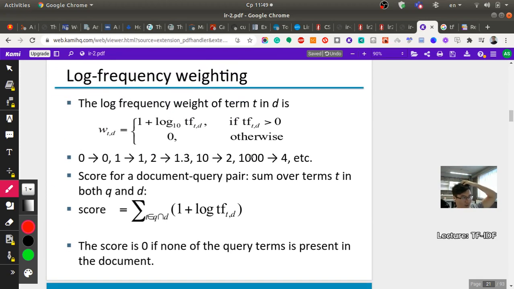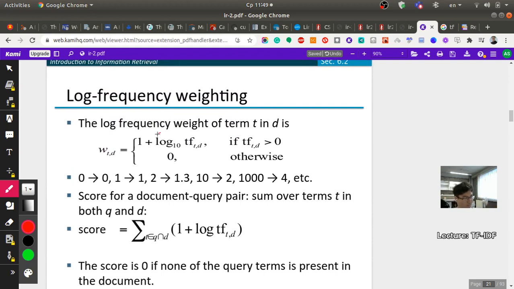So why do we need this logarithm? Maybe you consider it counterintuitive, but it means that, for example, if you have 1, it will be 1, but if you have 1000, it will be 4.